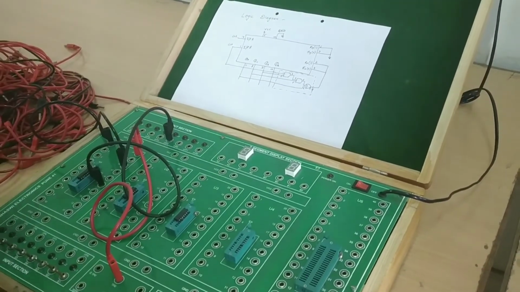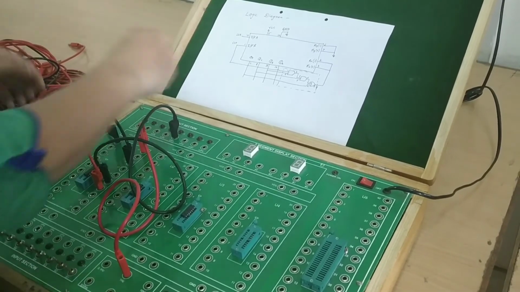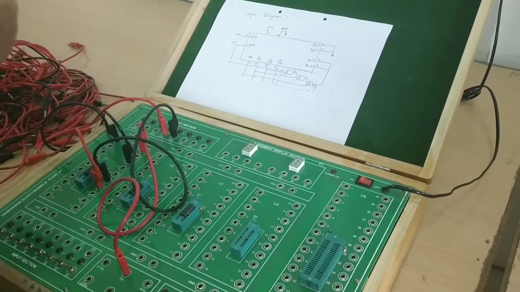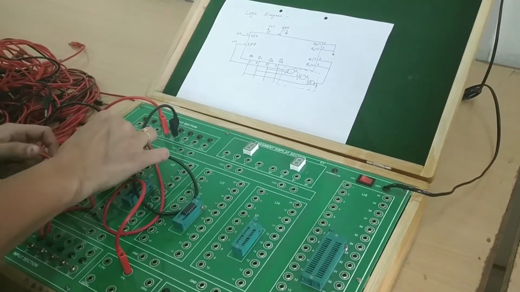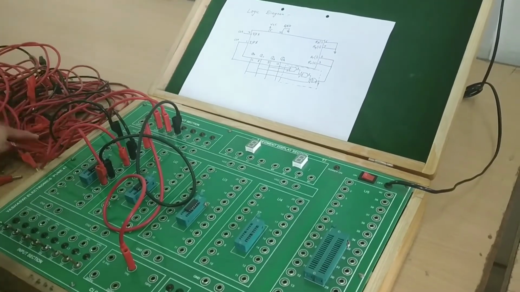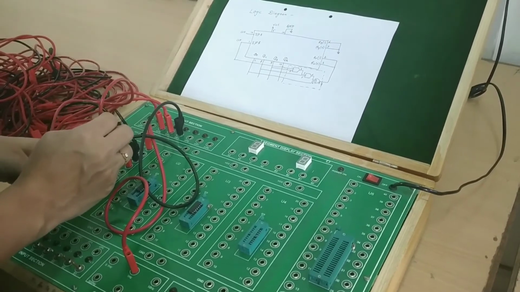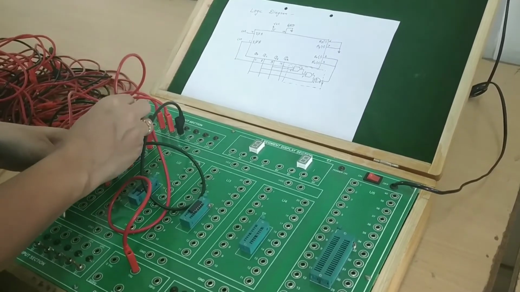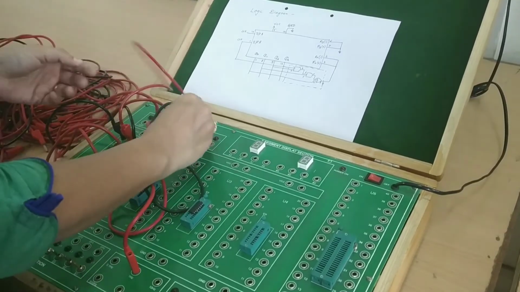Pin number 8 is also displayed in the output section, and QD, pin number 11, is also displayed in the output section. Then the QA pin, that is pin number 12, is also displayed in the output section.